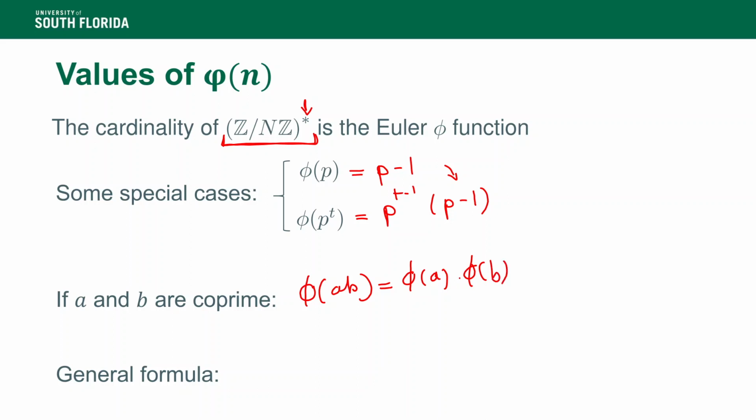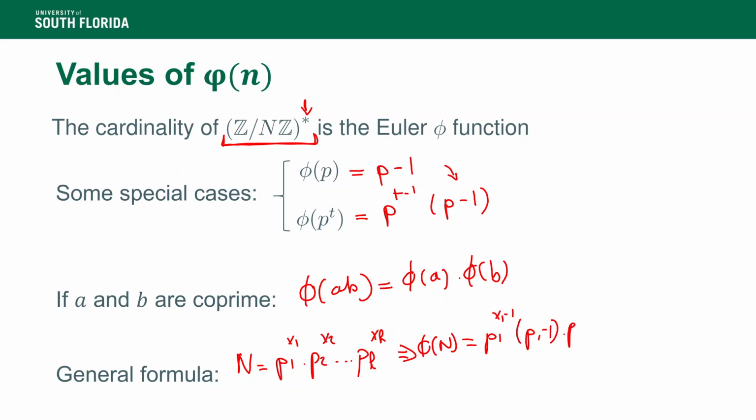Okay, and that gives rise to the general formula: if n is p1 to the x1 times p2 to the x2 dot dot dot until pk to the xk, the prime factorization of n where all the pi's are different primes, then phi of n is equal to p1 to the x1 minus 1 times p1 minus 1, times p2 to the x2 minus 1 times p2 minus 1, dot dot dot until pk to the xk minus 1 times pk minus 1.